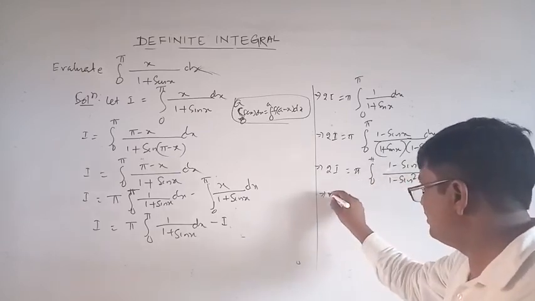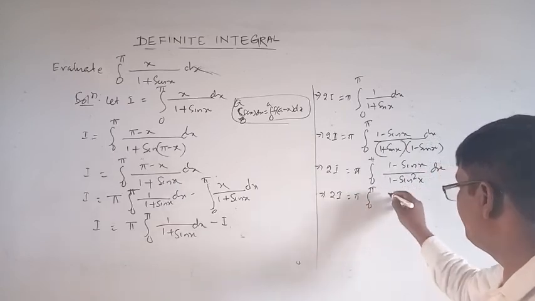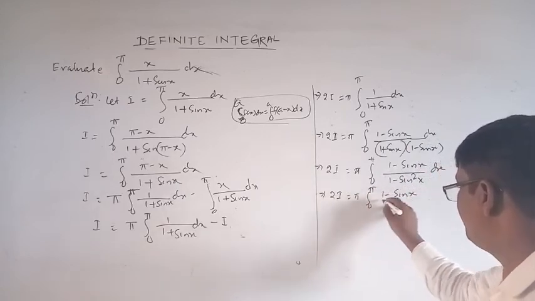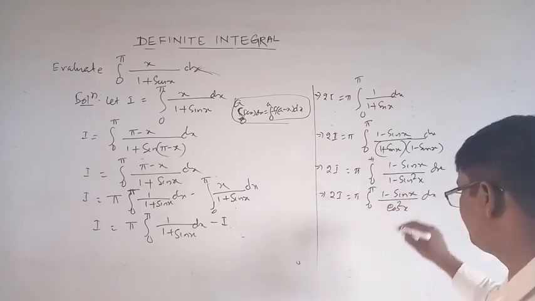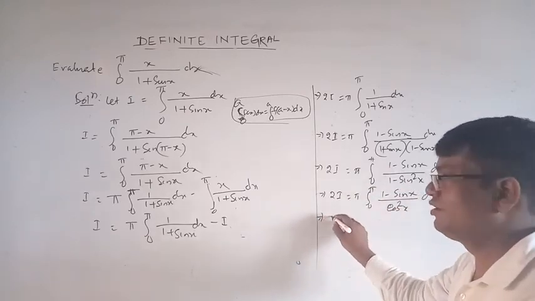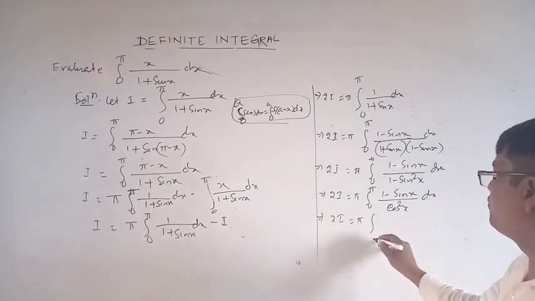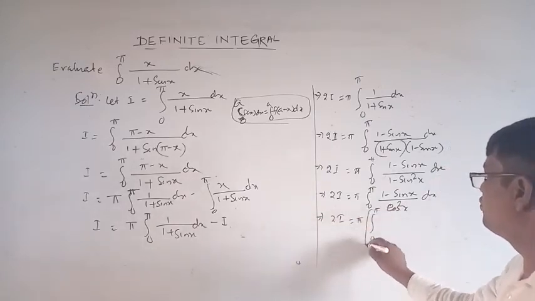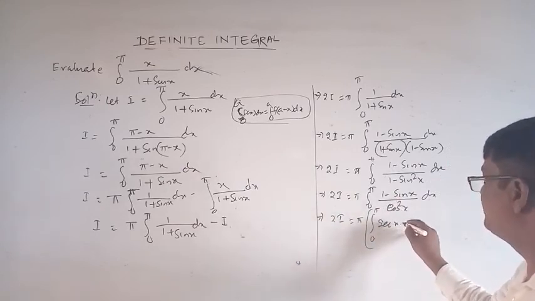So 2I is equal to pi into integral 0 to pi of 1 minus sin x divided by cos square x dx. Okay, so 1 by cos square x, this is sec square x.